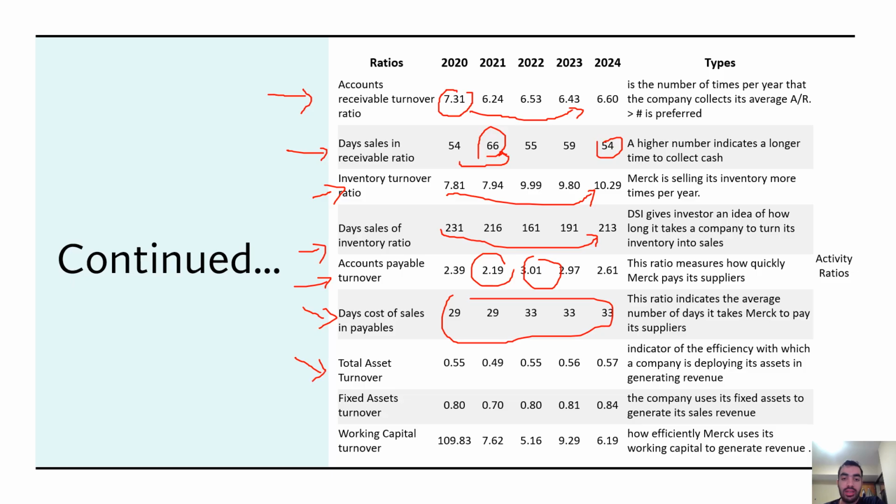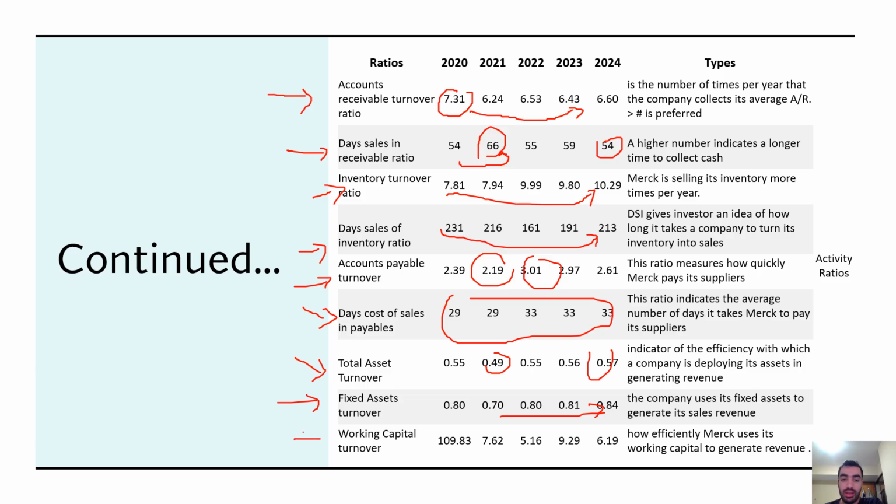Another is total asset turnover. Total asset turnover is low but improving, ranging between 0.49 and 0.57, reflecting modest efficiency in generating revenue from total assets. Fixed assets turnover is rising slightly, from 0.72 to 0.84, showing better utilization of fixed assets.